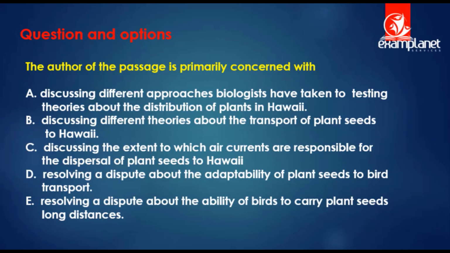He is also not primarily concerned about resolving a dispute about the adaptability of plant seeds to bird transport. And finally, he is also not concerned with resolving a dispute about the ability of birds to carry plant seeds long distances, but is primarily concerned with discussing different theories about the transport of plant seeds to wuse.